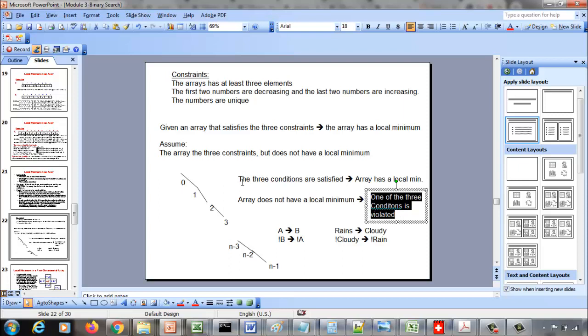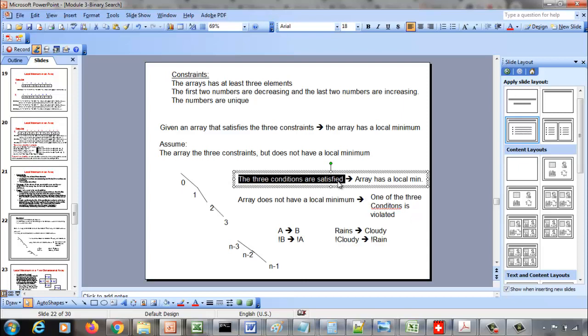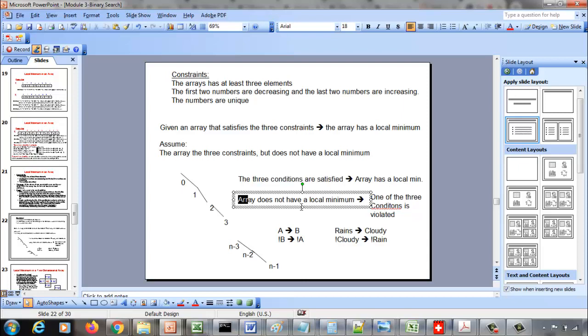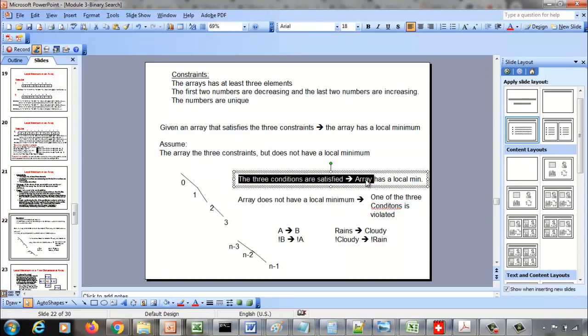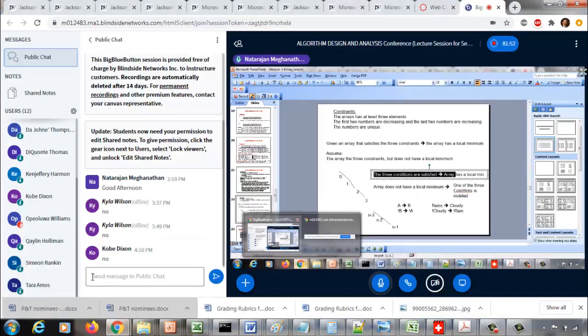And not of B, the array does not have a local minimum, so the opposite, B, is that the array has a local minimum. Okay, so that's what we proved. There's a name for this in discrete structures, so go back and look at that name.